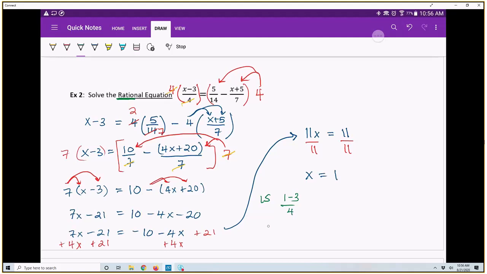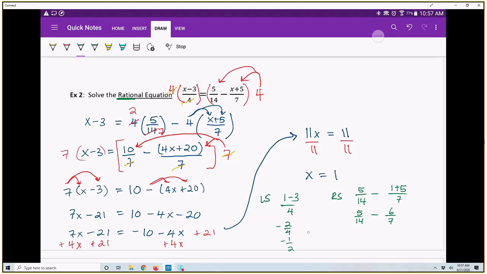And that's equal to minus 2 over 4, or minus 1/2. Now on the right side, I have 5 over 14 minus 1 plus 5 over 7. So that's 5 over 14 minus 6 over 7.